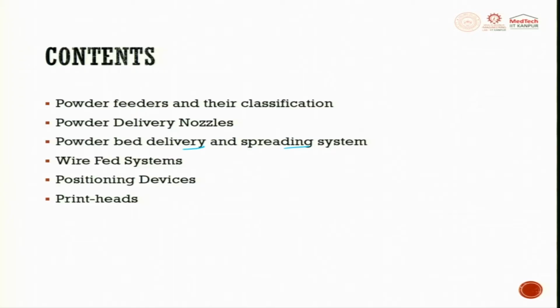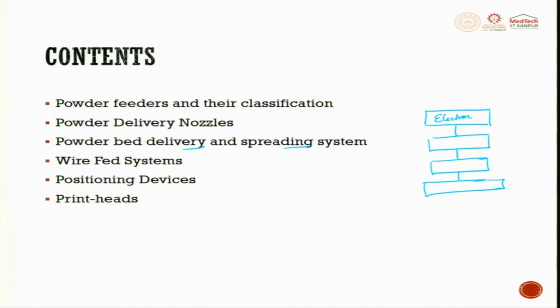So, before going to detail, let us just have a small recap of all the 4 subsystems of electron beam powder bed fusion method. This is the electron source, this will be the beam delivery system, this is powder delivery system, and here is the process which is happening.